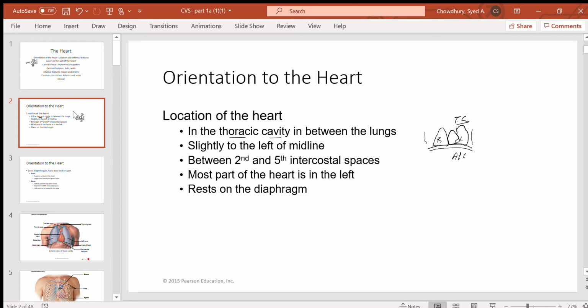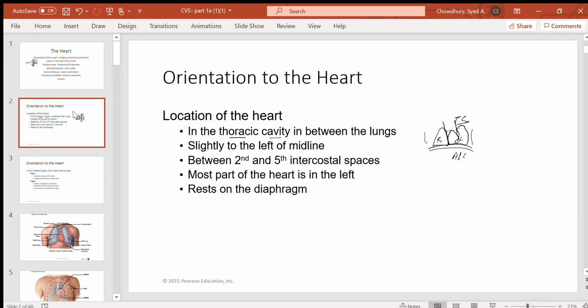And the space between the 2 lungs is called the mediastinum. So this space inside the thoracic cavity between the 2 lungs is called the mediastinum.